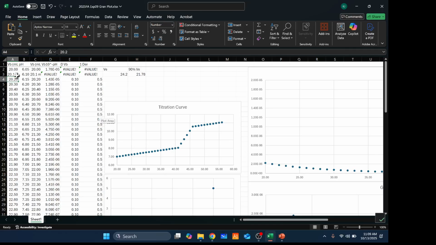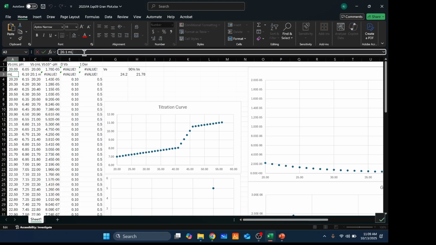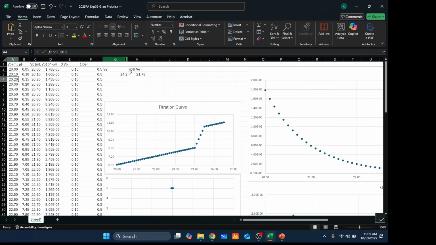Because that is no longer a number. That right there is text. Or another way of saying that is, how do you do math on a calculator with ML? You don't, do you? It breaks the calculator. Very common mistake I see people make when they're first learning Excel.